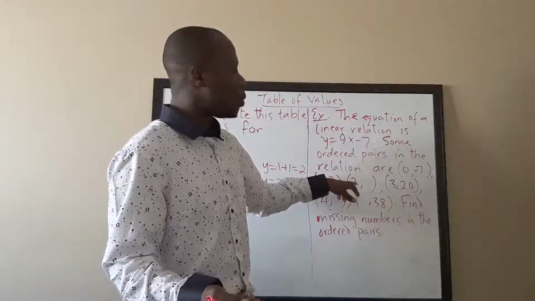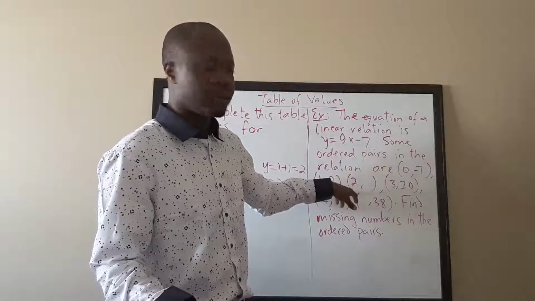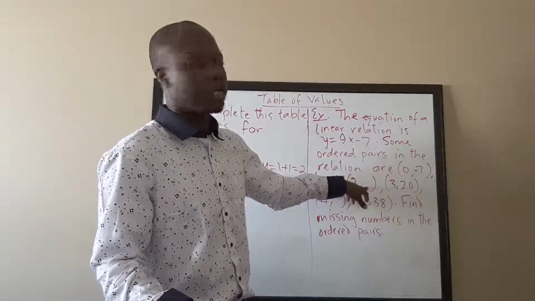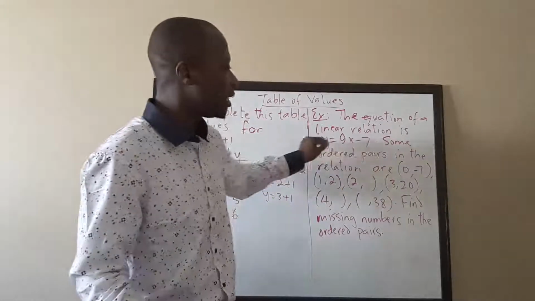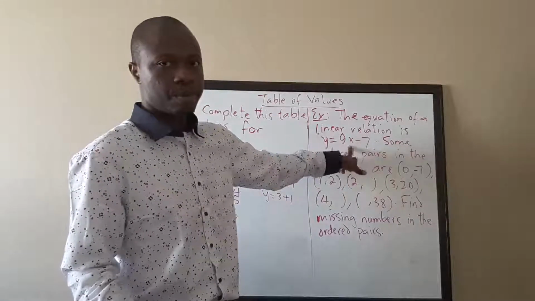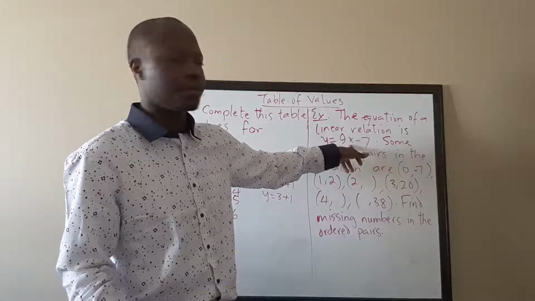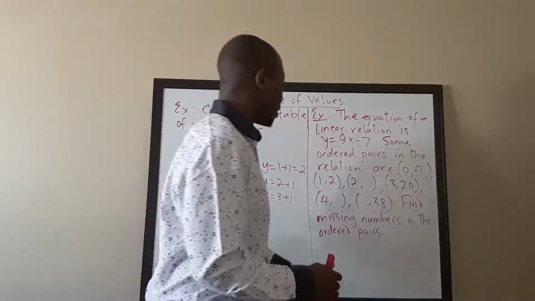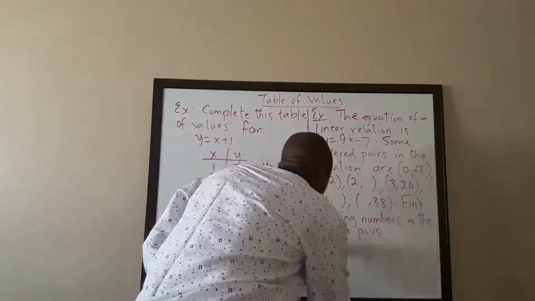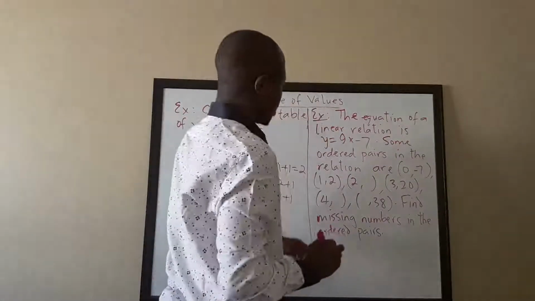So we're being given x equals 2, we want to solve for y. So anywhere we see x here, we put 2. So I'm going to say for the first one, x is 2.